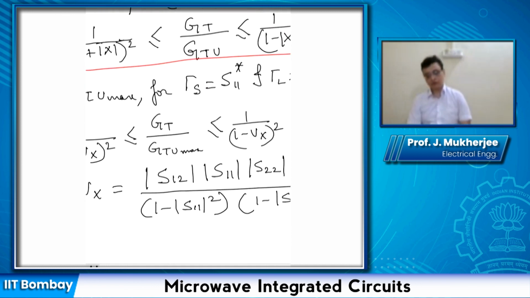So whatever the value of Ux is, our GT upon GTU max will be between these two values.